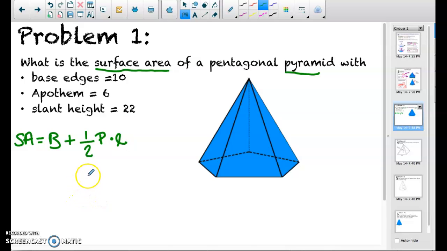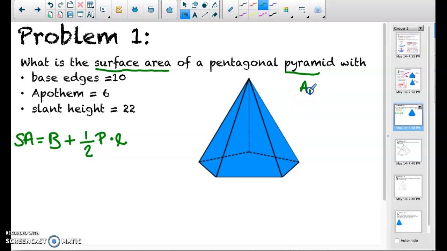So I have a lot of things I got to do here. I got to find that base area. Now let's talk about the shape of the base, because it looks as though this is a regular polygon, right? And we know how to find the area of a regular polygon. I'm just going to write the formula off to the side here.